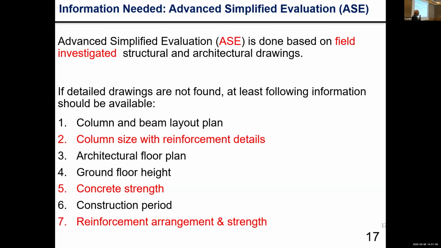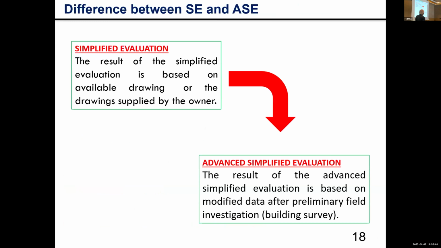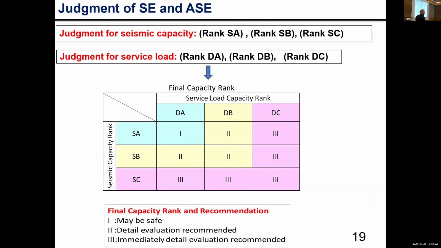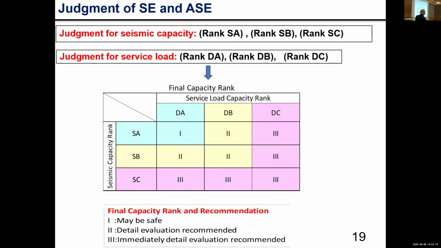If we can collect it, then we can go for the advanced simplified method. And finally, the judgment is in a matrix, with service load capacity here and seismic capacity here. From this matrix, where your building falls will give the final capacity rank and recommendation.